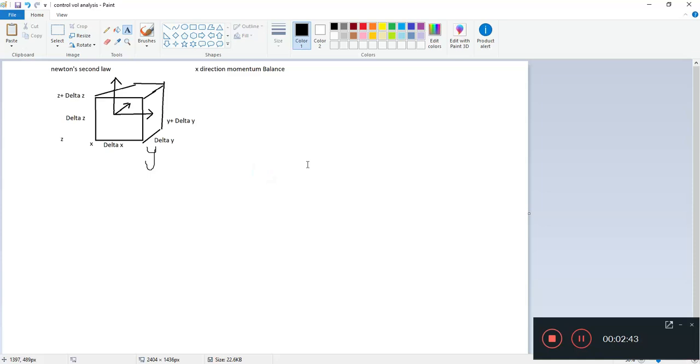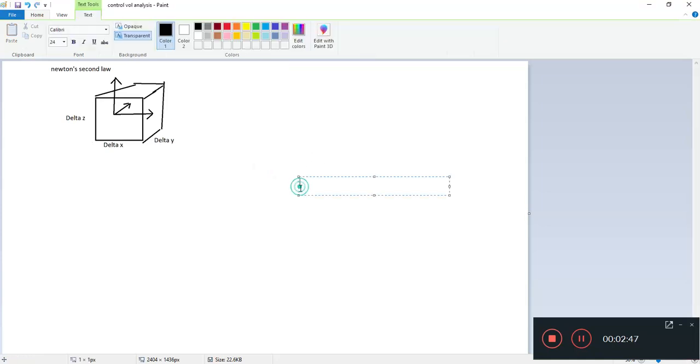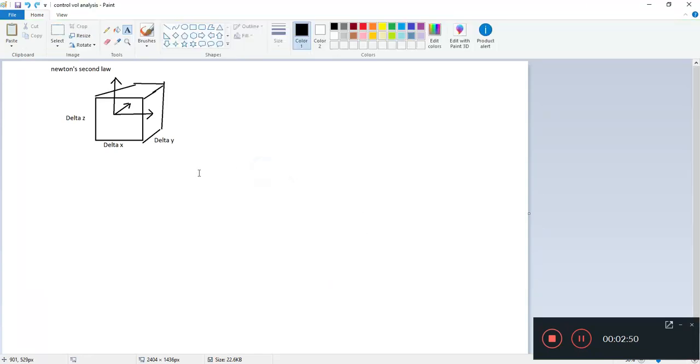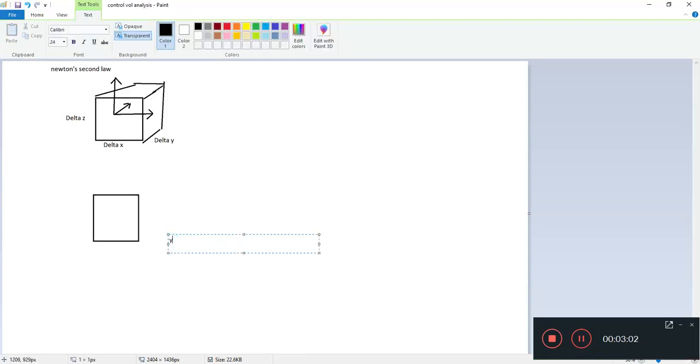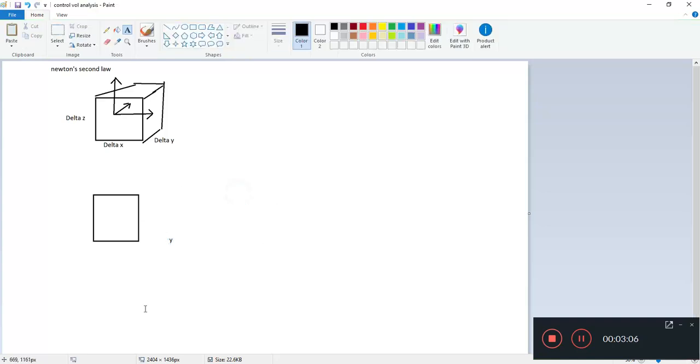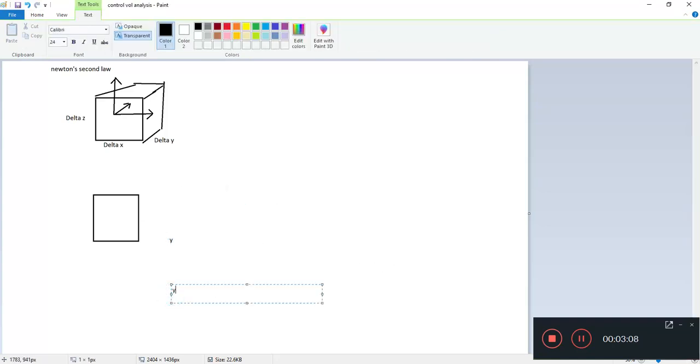Alright, I'm going to erase all this so it's clearer. So let's consider this front face. This is at y, the y coordinate is y. And then we'll have another face, y plus delta y.